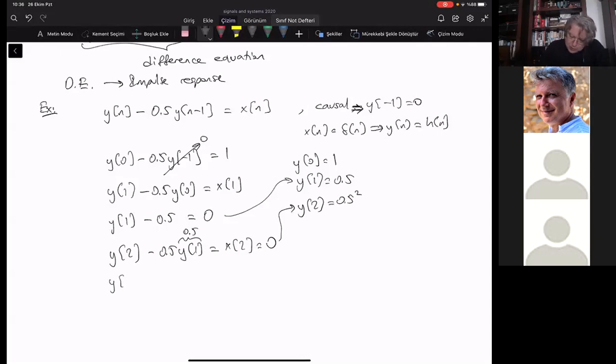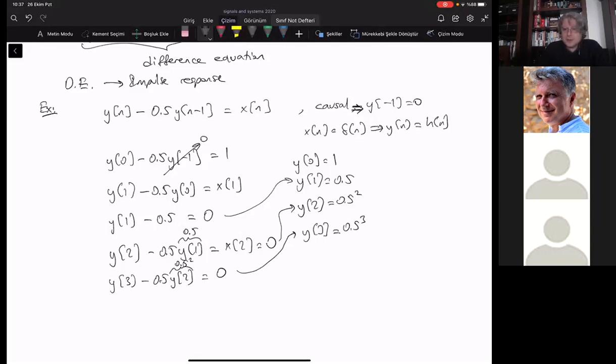Let me do one more. y3 minus 0.5 y2 is 0, because that is x3. x3 is 0. So y3 is, what was y2? y2 was already 0.5 square. 0.5 times 0.5 square is 0.5 cube.